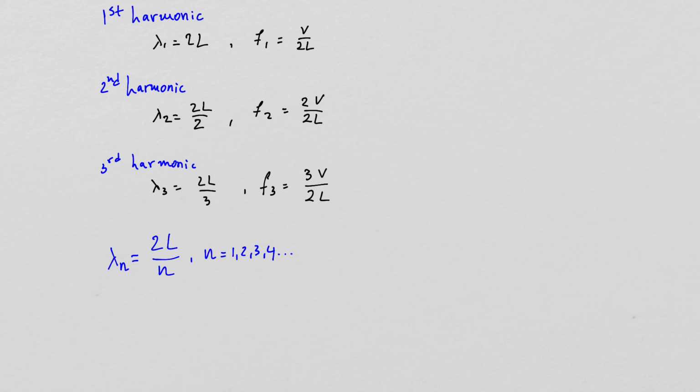So for each harmonic, you simply replace n with the number of the harmonic. So for the first harmonic, lambda 1 is equal to 2L divided by 1, so that's this one. For the second harmonic, lambda 2 is 2L divided by 2, that is this one. For the third harmonic, for n equal 3, lambda 3 is equal to 2L divided by 3, so that is this one, and so on and so forth.